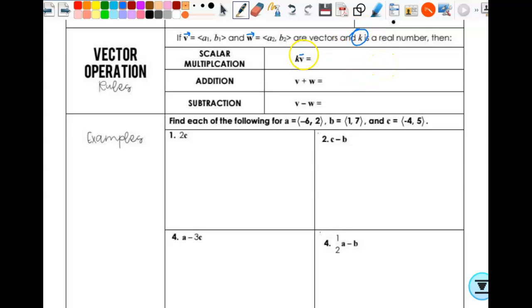So k times v equals k times a1, comma, k times b1. It's that easy. You literally just multiply both of the numbers. If I'm going to add them, v plus w, that gives me a1 plus a2, comma, b1 plus b2.